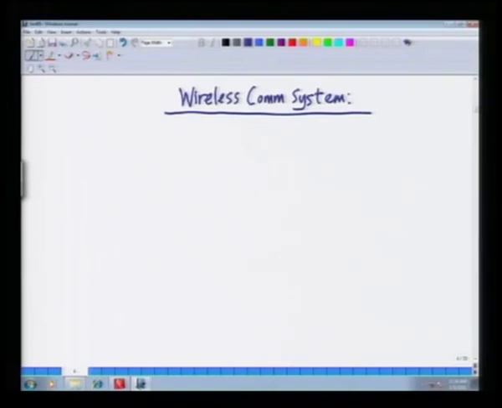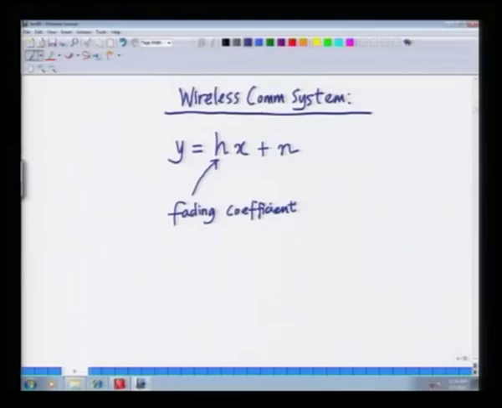Let me start with a wireless communication system. We said in a wireless communication system there are two aspects, that is y equals hx plus n, the system model. Now, h is the fading coefficient and n is the noise.